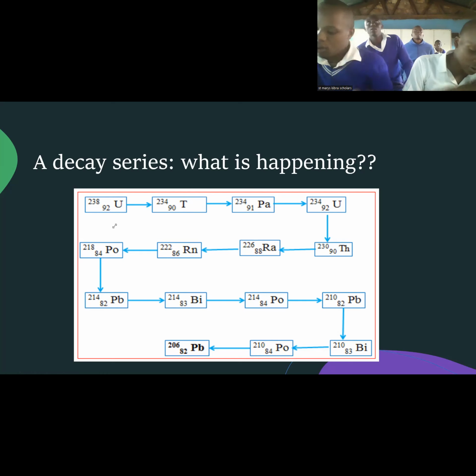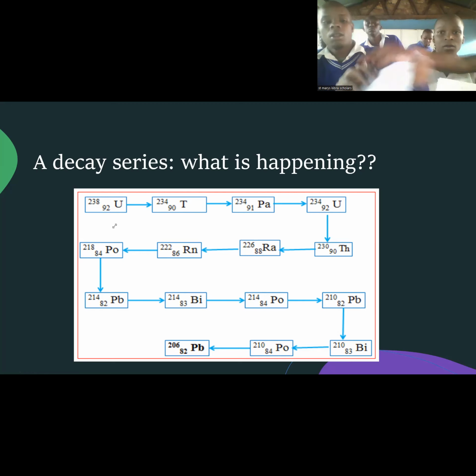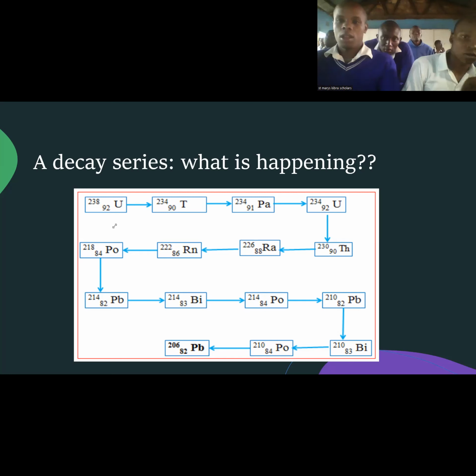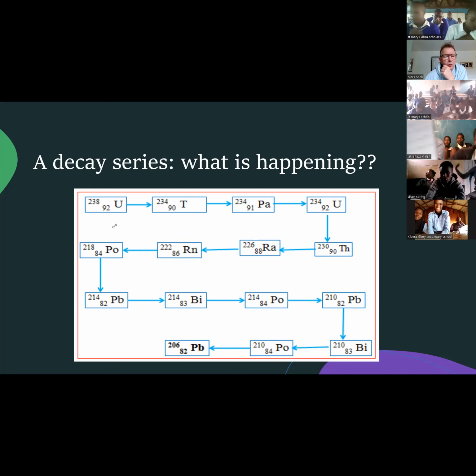Show me again, St. Mary's. Show me that again, and we'll just have a look at it. Okay, so you're right with your arithmetic. Yeah, absolutely right, but it's not PA. It's not PA. So what is it? Just think for a minute.